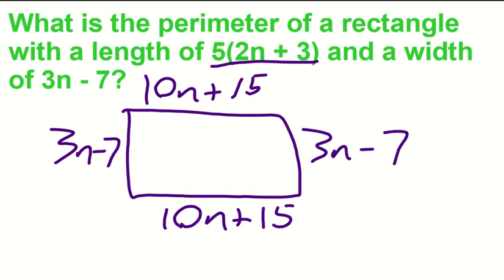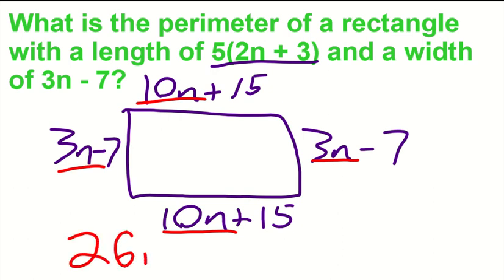All right, so we combine our like terms. How many n's do we have up there? 26. 10, 20, 23, 26. So we got 26n. And what's our constant, Levi?